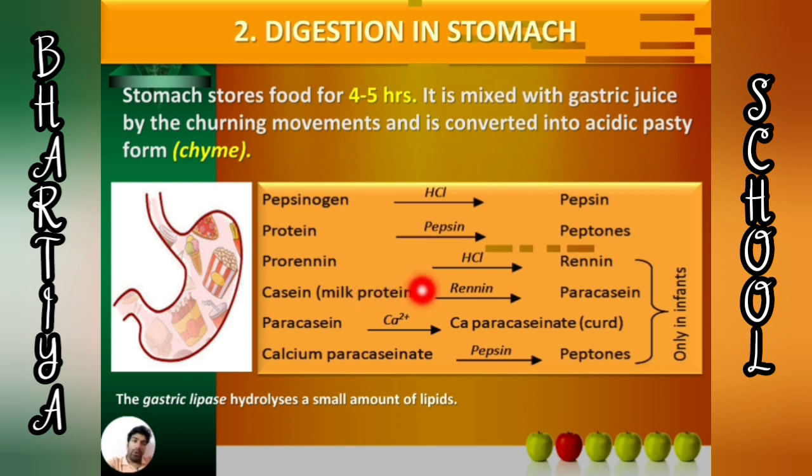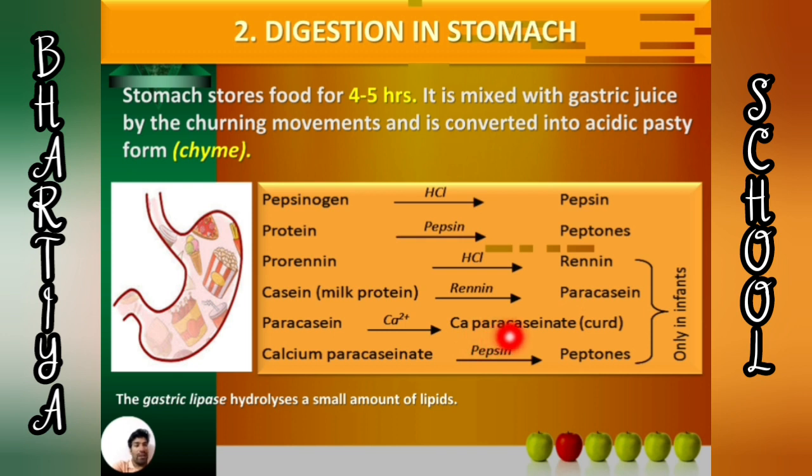The casein protein is digested by the renin enzyme into paracasein. In the presence of calcium ions, this paracasein combines with calcium and forms calcium paracaseinate, that is our curd. The process is also called curdling of milk.